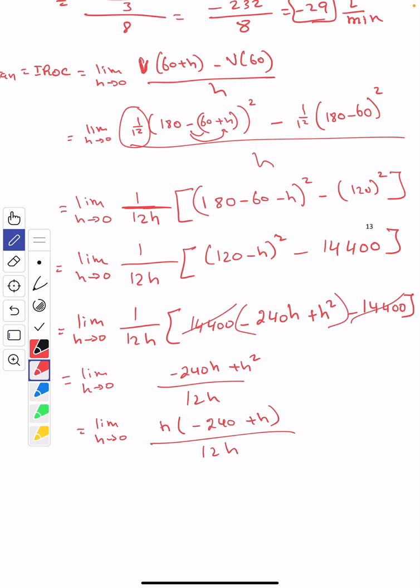That's beautiful because h and h cancel. Now I can plug in 0 for h. So that means this is going to go towards 0, and that's going to be negative 240 over 12. And I can simplify that to negative 20 liters per minute.